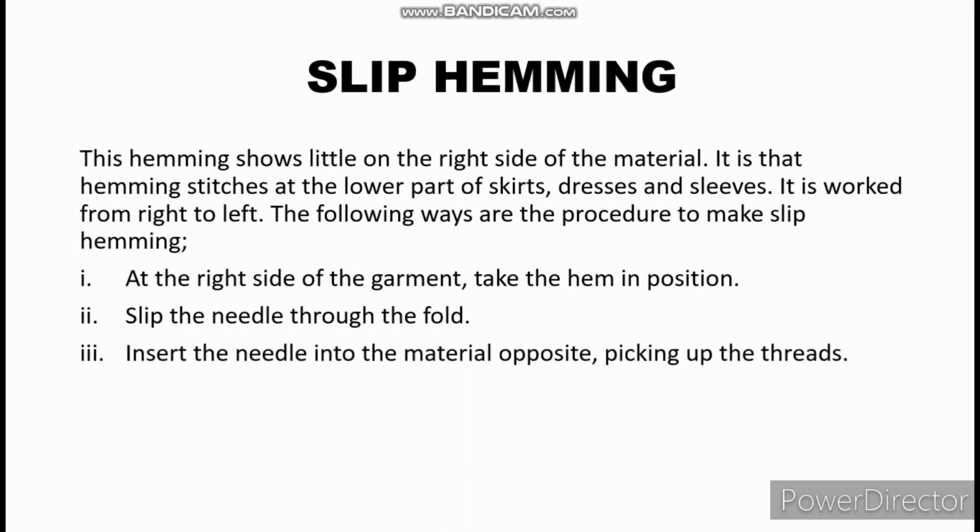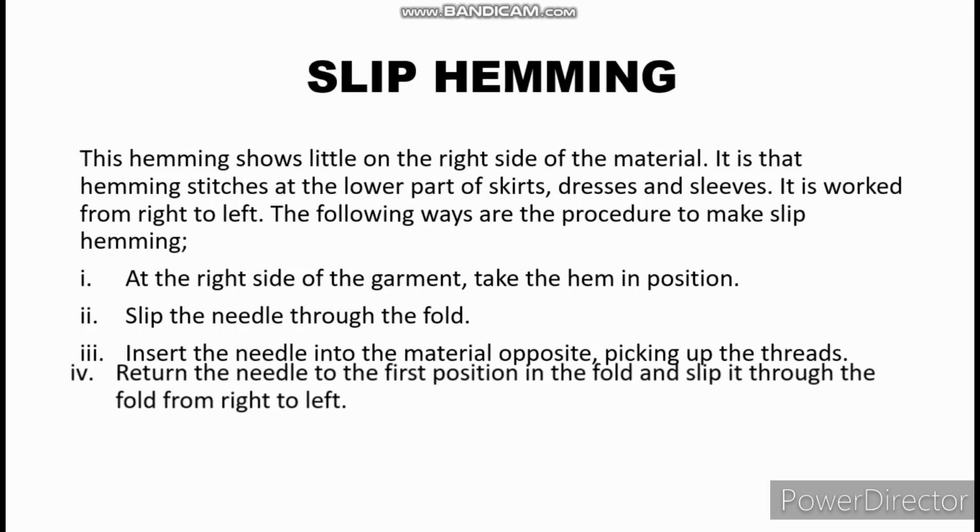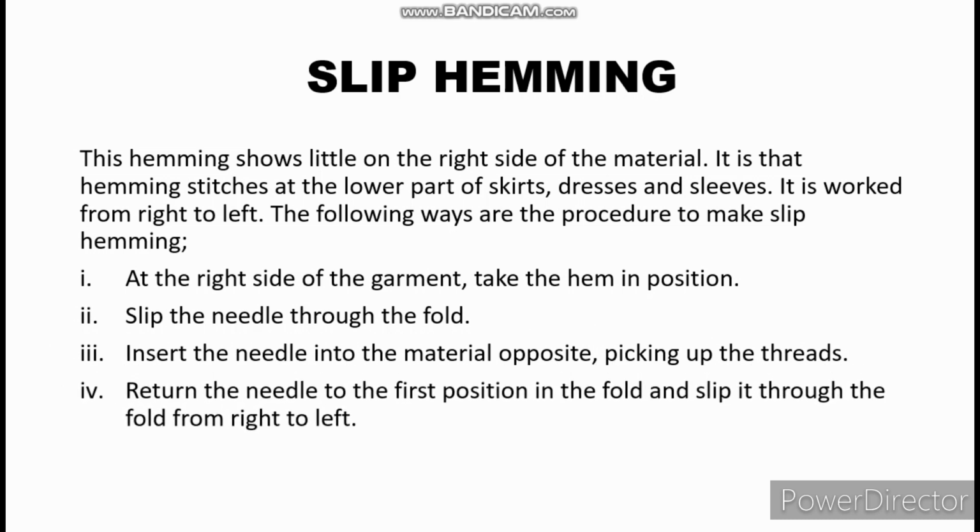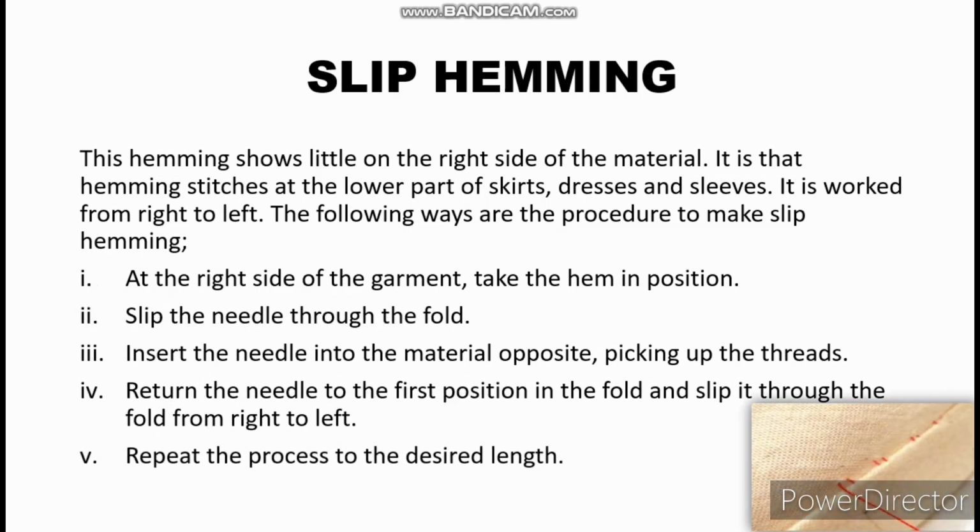Insert the needle into the material opposite, picking up the threads. 4. Return the needle to the first position in the fold and slip it through the fold from right to left. 5. Repeat the procedure to the desired length.